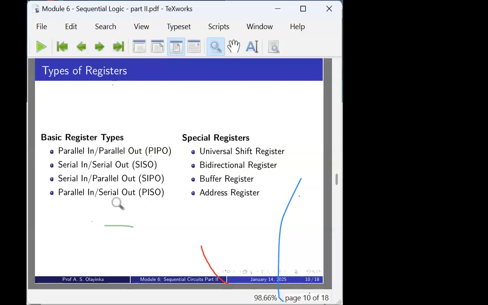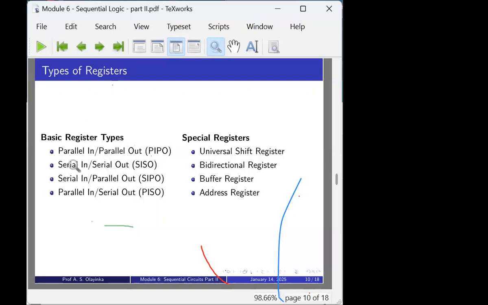Remember, we said register is a collection of what? Flip-flops. Is that okay? And so if they are a collection of flip-flops, we are saying you can have them parallel in, parallel out, meaning you parallel all the inputs and you parallel all the outputs.